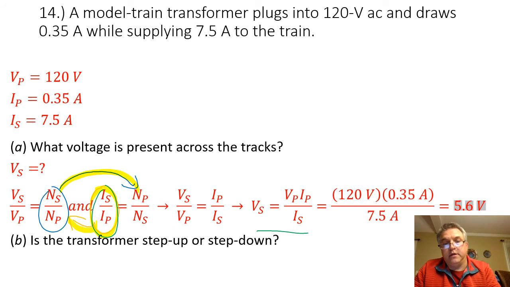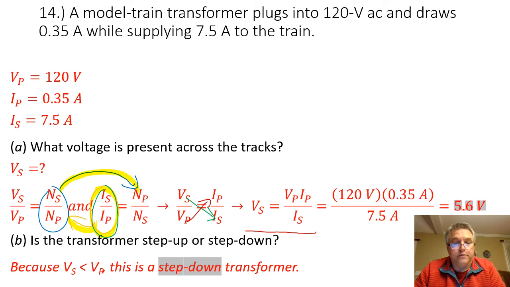That might seem a little confusing, but remember, you can just cross multiply here, because it is just a ratio, and then solve for Vs. So I have Vp times Ip in my numerator, and then I divide both sides by Is, and that's where I end up with my final version of the formula, Vs equals Vp times Ip divided by Is. I plug my known values into there, and I'm going to have a secondary voltage of 5.6 volts.